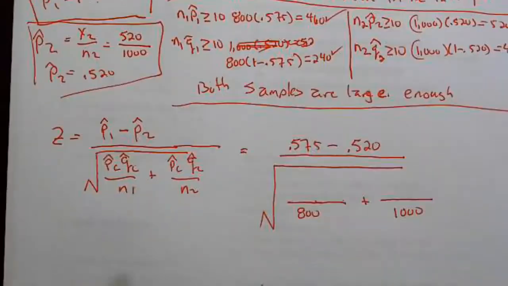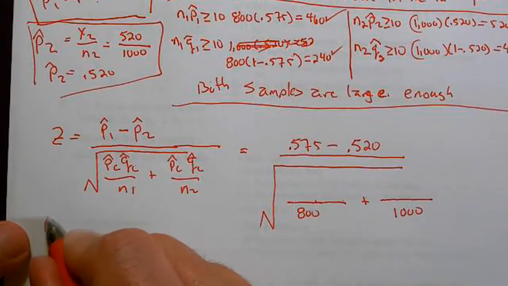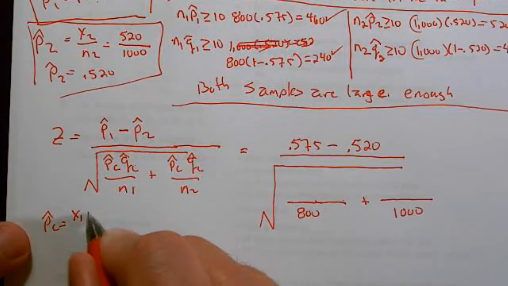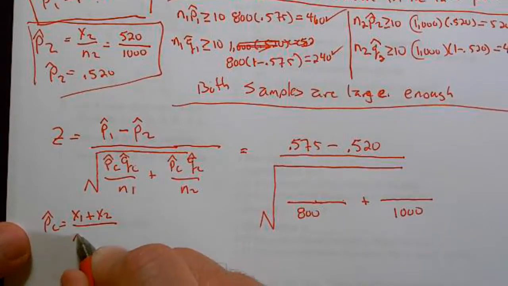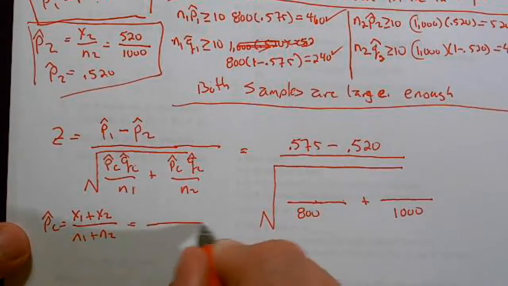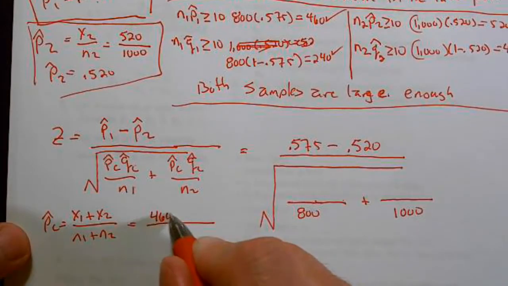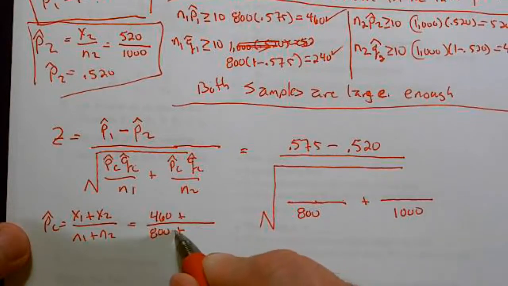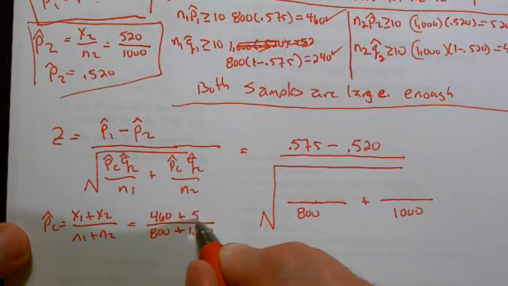So here we go. That formula for p hat C is x1 plus x2 over n1 plus n2. This is 460, 800 plus 1,000, and this is 520.